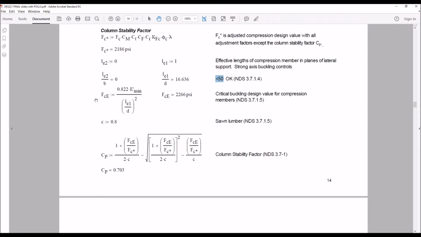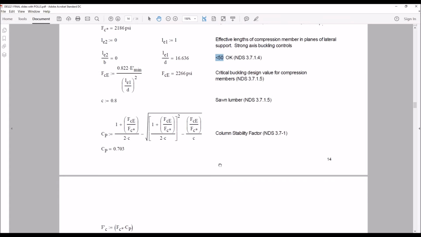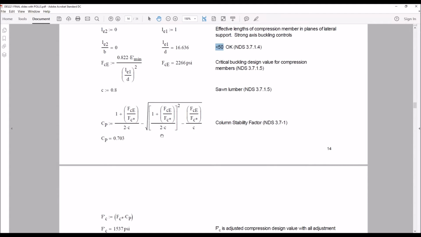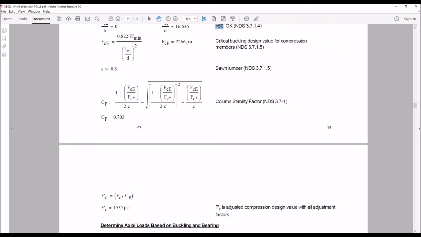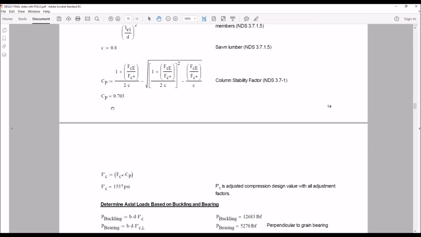And using this F sub C E value and this C factor, which is simply pulled out of the NDS, it's a constant for sawn lumber equal to 0.8, we can plug these into the column stability factor equation, which you can see expressed here. So for this example, our C sub P is equal to 0.703.